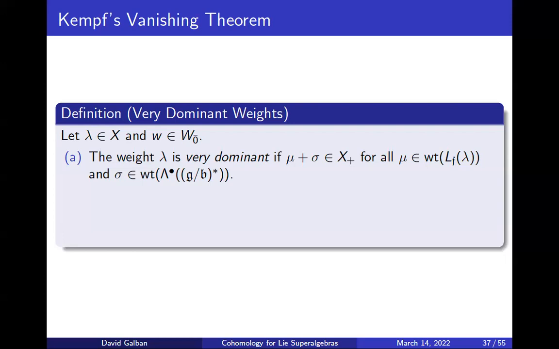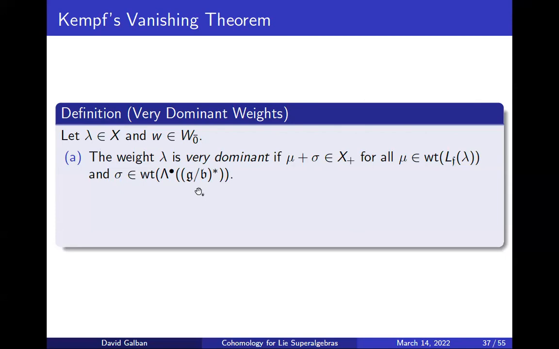supergroup case as well. To do that, we're going to define what's called a very dominant weight. If lambda is a weight, and w is an element of the even Weyl group, we're going to say that the weight lambda is very dominant if mu plus sigma is also dominant for all mu that are weights of L of lambda, and then for all sigma that are weights of the exterior algebra on (g/b)*.